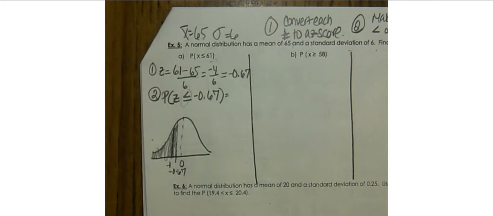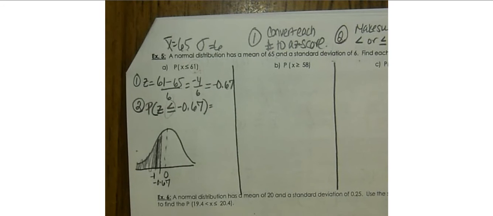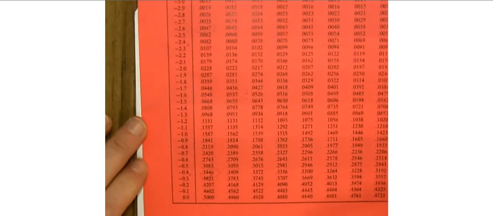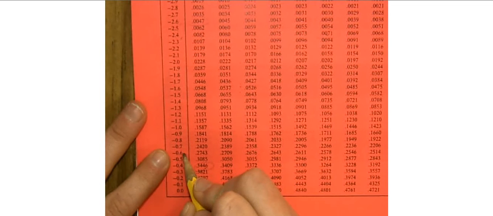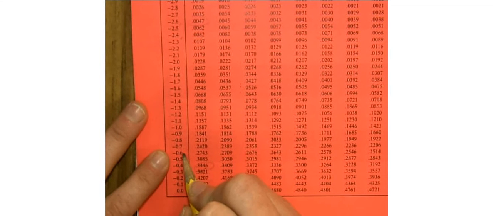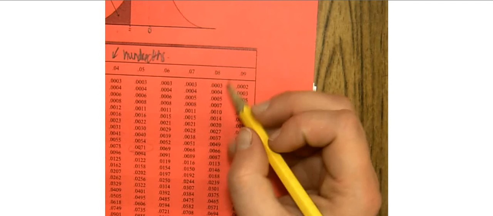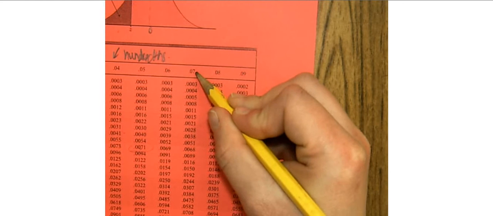Okay, so now let's go ahead and take out our table. I'm going to go to where -0.67 is located. So here is -0.6, and I'm going to go over to where 7 is located. So it looks like that's the third from the last column. If I were to come up here to where my columns are, it looks like it's in the third to last column.